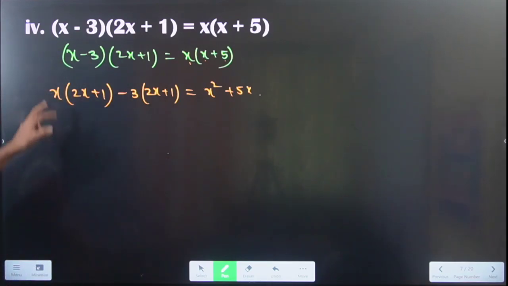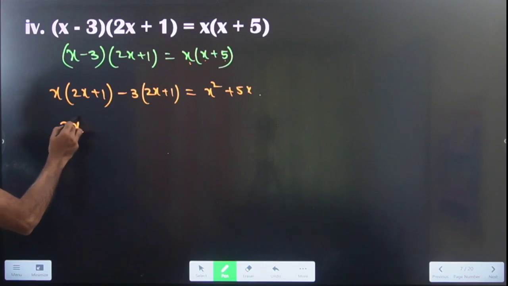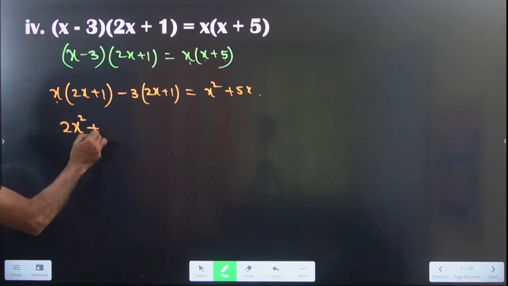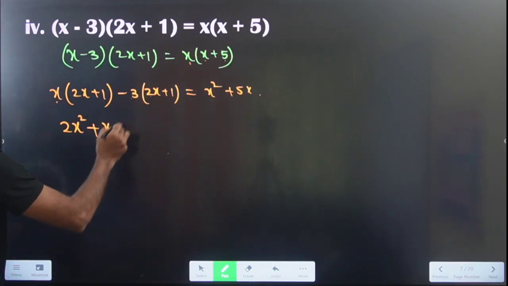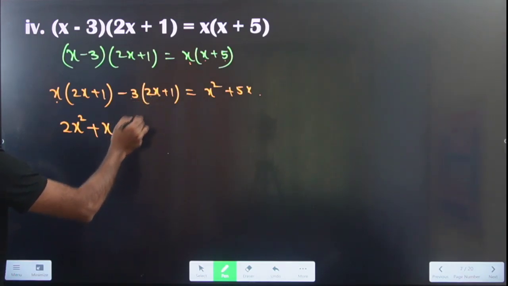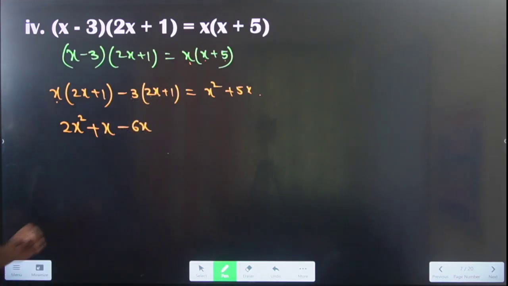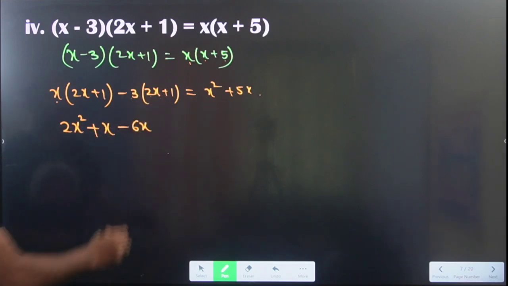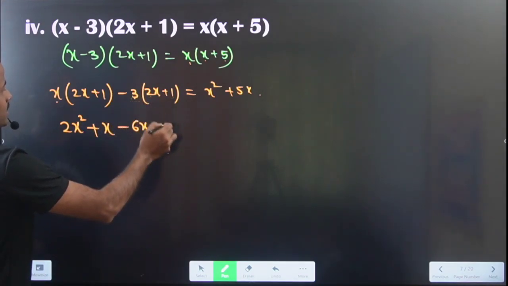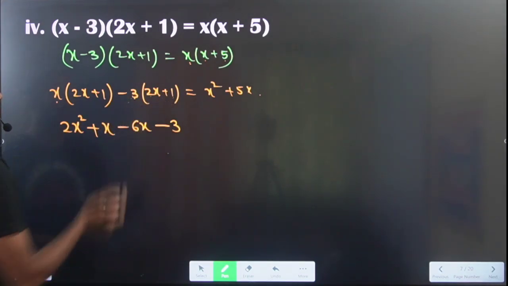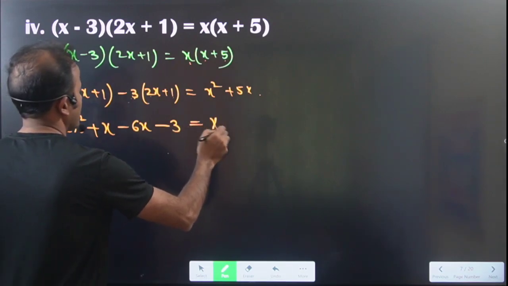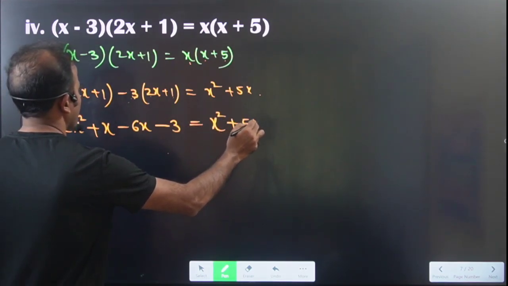Now multiply x with 2x: x into 2x is 2x square, x into 1 is x, minus 3 into 2x is minus 6x, minus 3 into plus 1 is minus 3, which is equal to x square plus 5x.